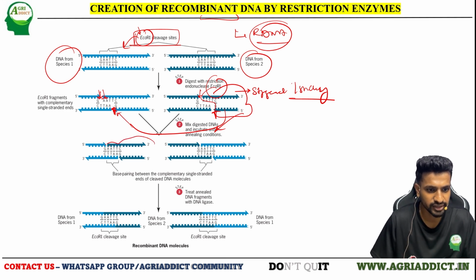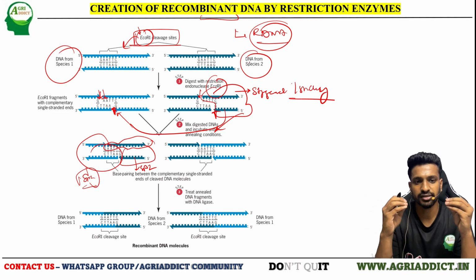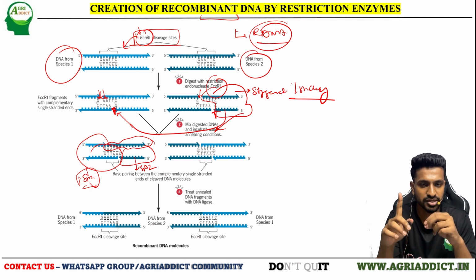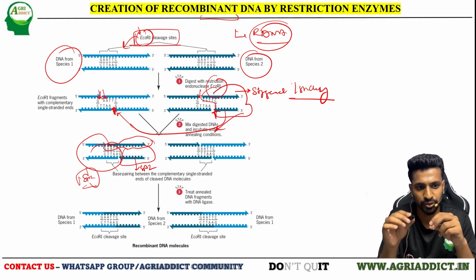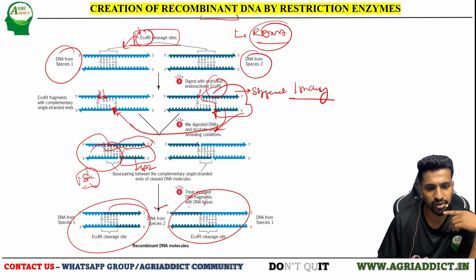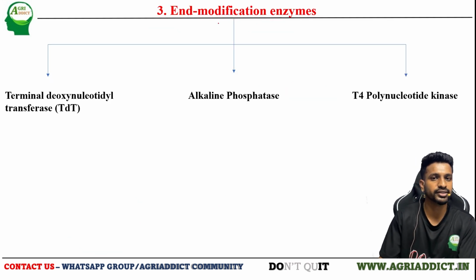You can clearly see by the change in color that this is DNA from species 2 and this is DNA from species 1, which were able to easily ligate with each other because they were cut using the same restriction enzyme, which is of type 2. And this is the recombinant DNA that we have received at the end, recombinant DNA molecules. I hope this is very much clear.